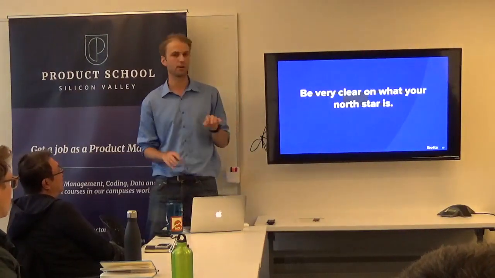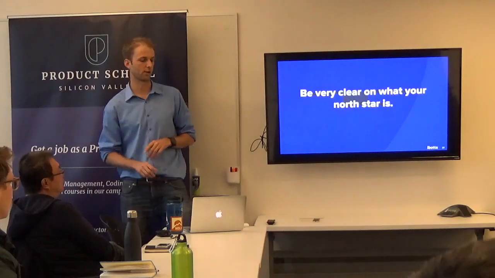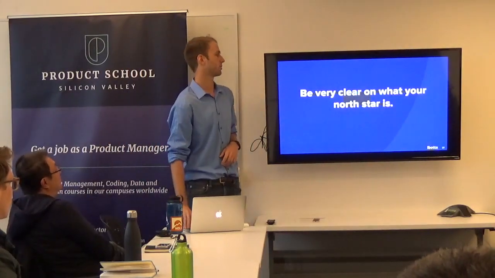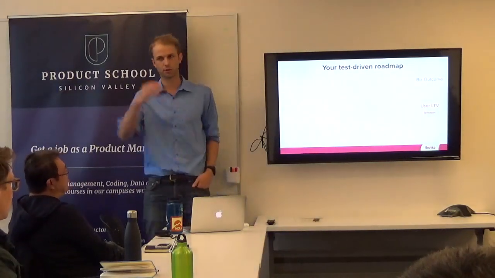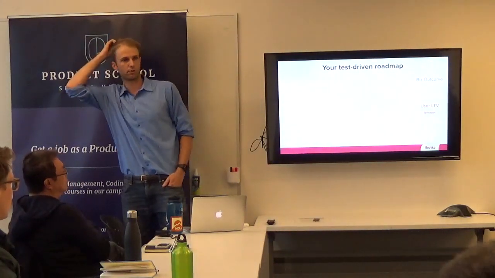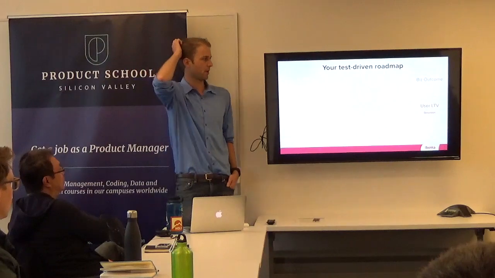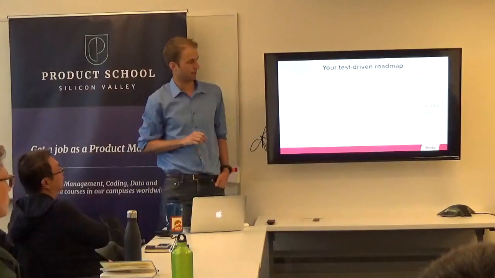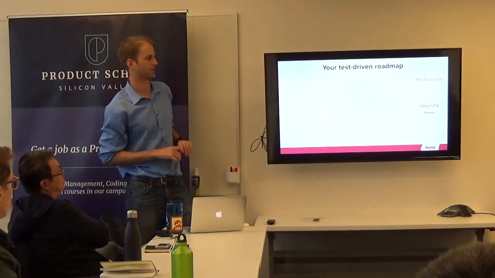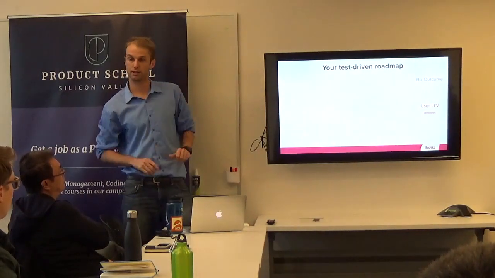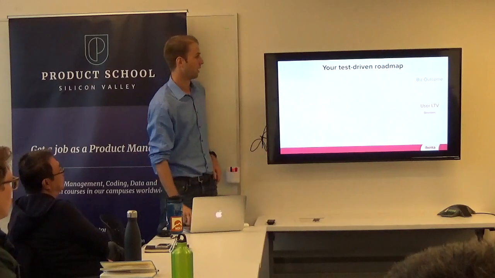So you need to be very, very clear on what your North Star is. So you know what your business goals are, right? And we're going to build this roadmap together over the course of the next 15, 20 minutes or so. But you have your business outcome, right? And I'm just going to pick user LTV just for sake of argument and example tonight. This is also something that Ibotta is focusing on as well in terms of user retention.